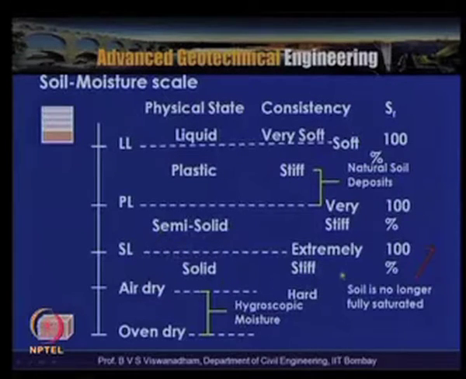If you see the degree of saturation, which is the volume of water to the volume of voids, up to here 100% saturation is ensured, and beyond this state the soil is no longer fully saturated and air starts entering. So, the liquid limit, plastic limit and shrinkage limit are the three Atterberg limits we are going to discuss.